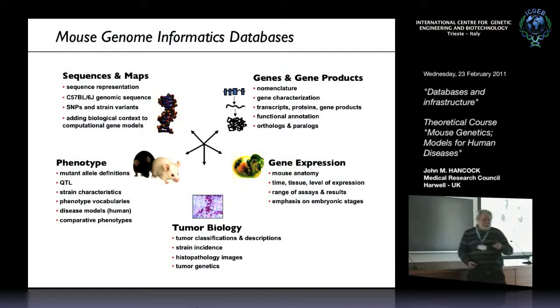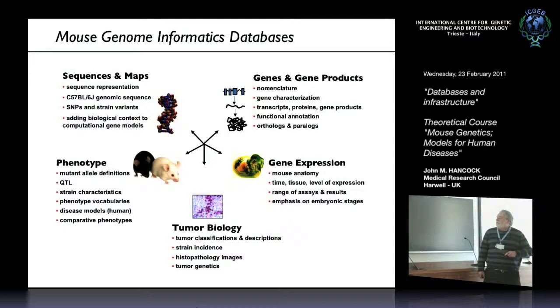This is their own representation of the data that they cover, and you can see that it goes from the traditional sequences, gene maps, the whole genome sequence of BL6, SNPs, gene models, gene products, obviously proteins, transcripts, functional annotation, so that means gene ontology annotations. Orthology relationships with human genes and other genes.